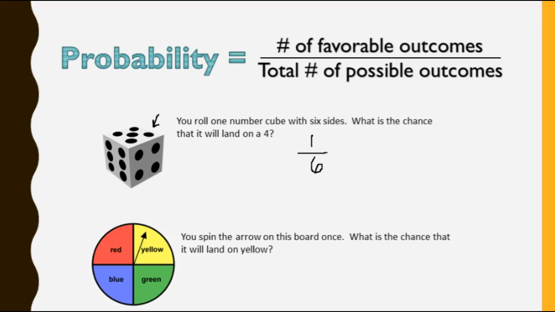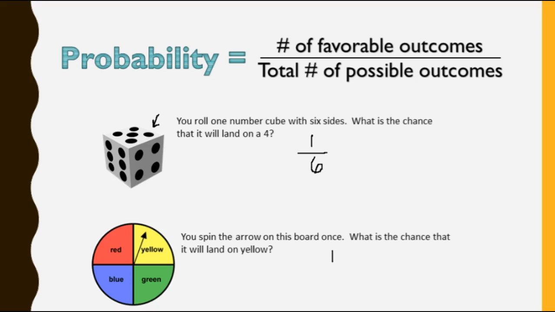Now let's look at our other example down here. Here we have a spinner. So first let's figure out the number of favorable outcomes. They want to know what's the chance that it would land on yellow. Well, there's only one yellow section in this spinner, and they're all equally divided. So we'll say there's a 1 for the favorable outcome.